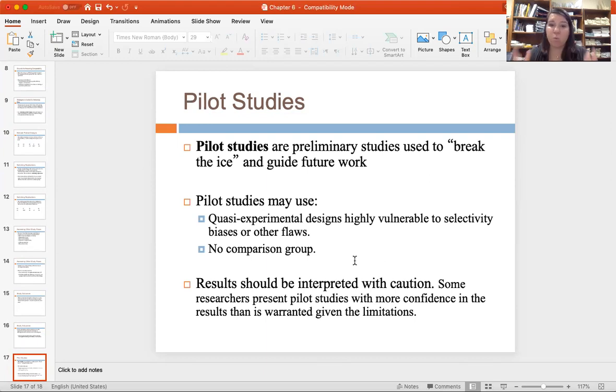It's usually just a one-instance study. The results should be interpreted with caution because the findings should not have a lot of confidence, and there should be a lot of limitations with it, but it usually gets the ball rolling with future research and helps to guide future research studies.